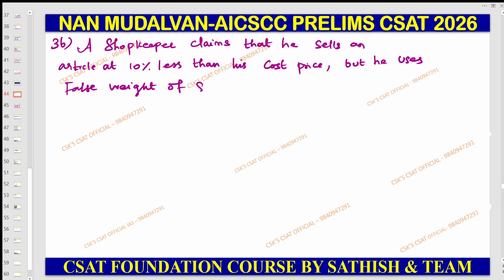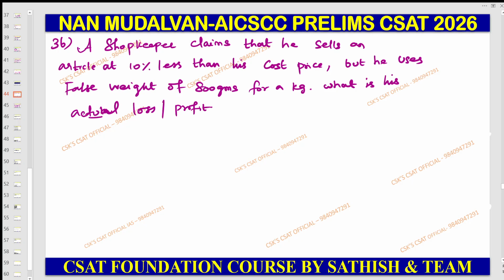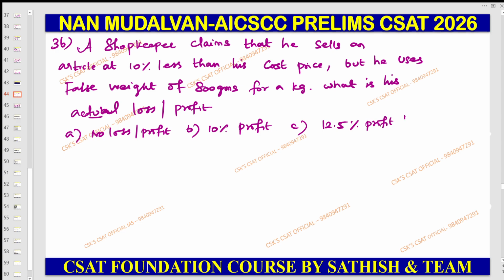Okay. False weight of 800 grams for a kilogram. What is his actual loss or profit? A option, no loss or profit. B option, 10% profit. C option, 12.5% profit. D option, 10% loss.